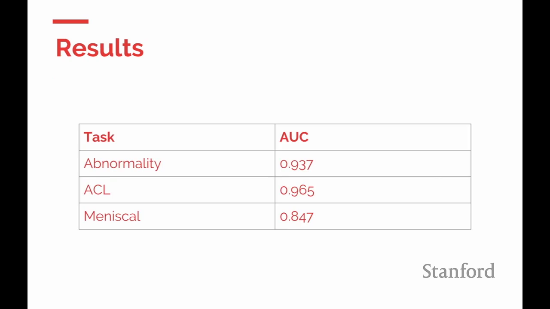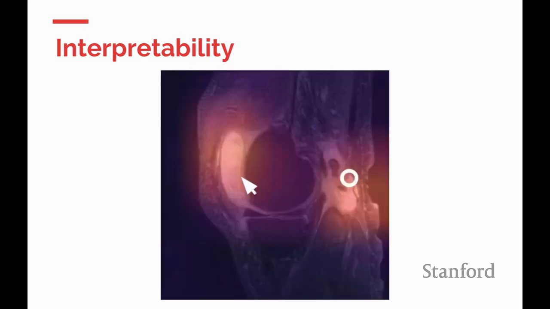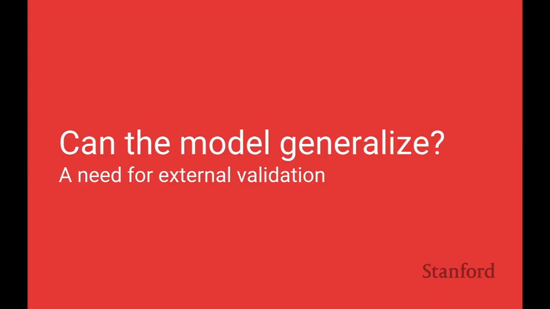And we found that we did pretty well on the 3 tasks and had the model be able to pick up the different abnormalities pretty well. And one can extend these methods of interpretability to 3D inputs as well. So that's what we did here.